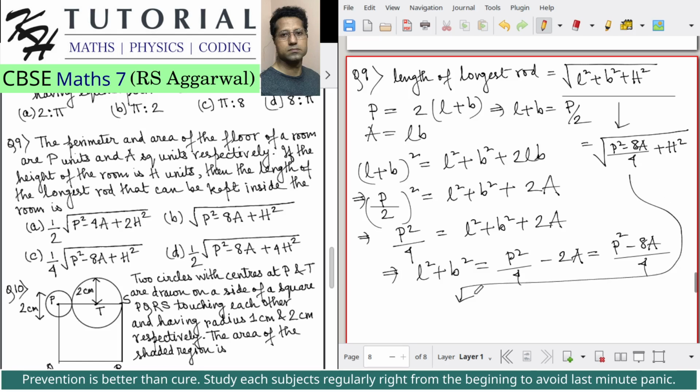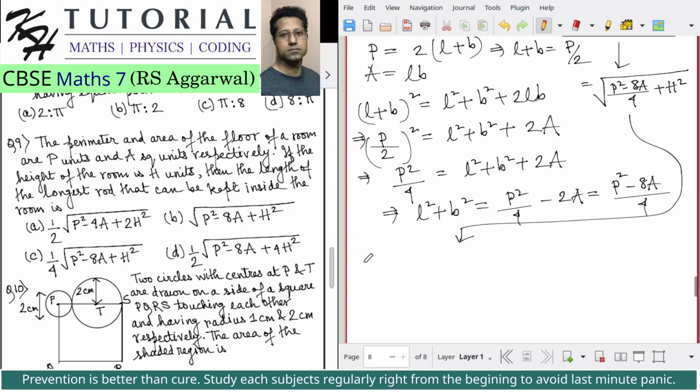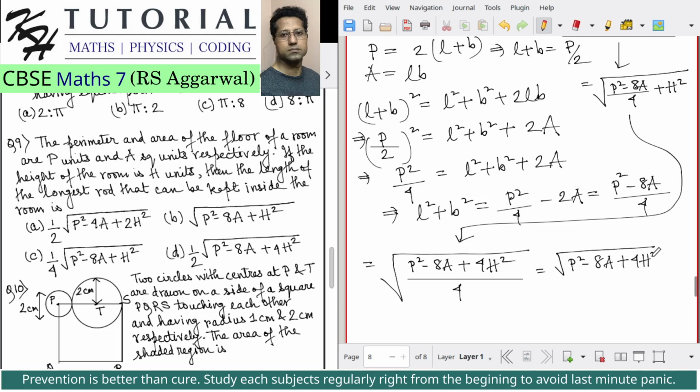If I simplify this further, this becomes equal to the square root of (P square minus 8A plus 4 capital H square) divided by 4, which is equal to the square root of (P square minus 8 capital A plus 4H square) divided by 2. So this should be the length of the longest rod that can be kept in the room, and hence the correct choice is D. D is the correct choice.